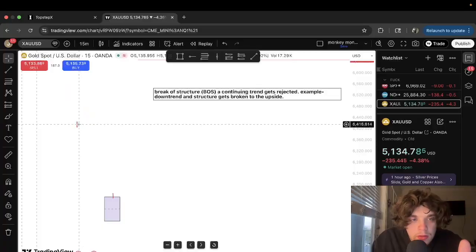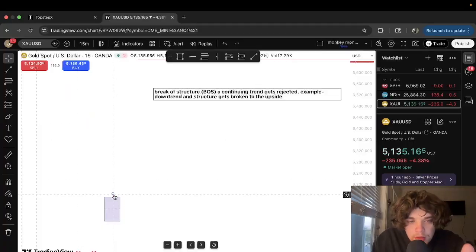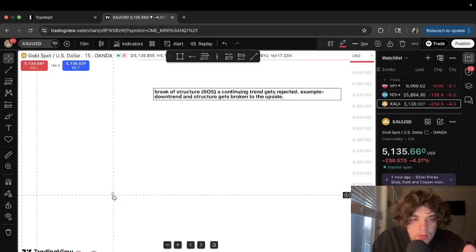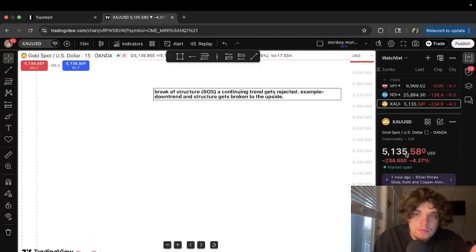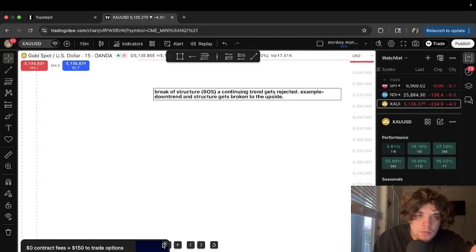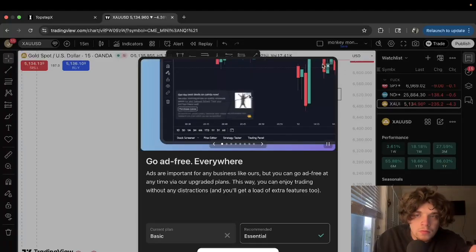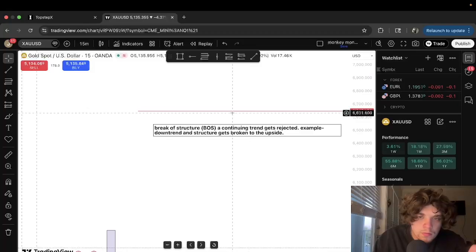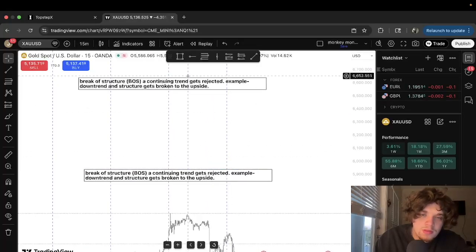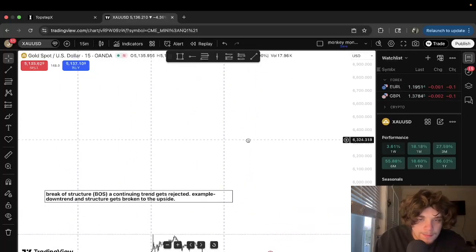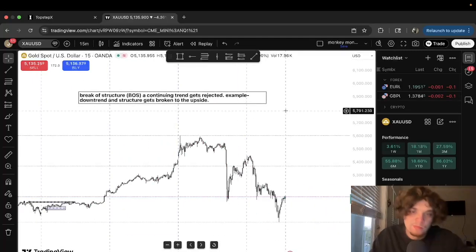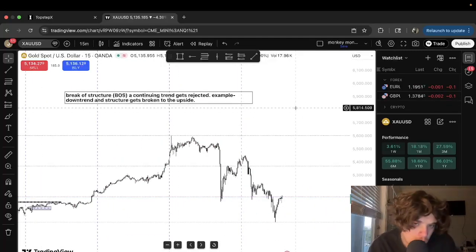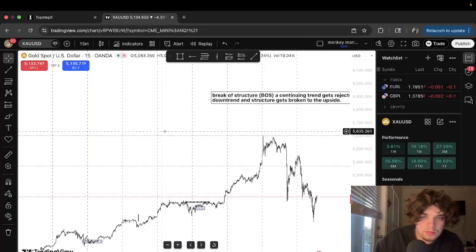I can skip the little stupid drawings and I can just show you this on the chart. Alright. What the fuck? Alright. I'm not liking that one.